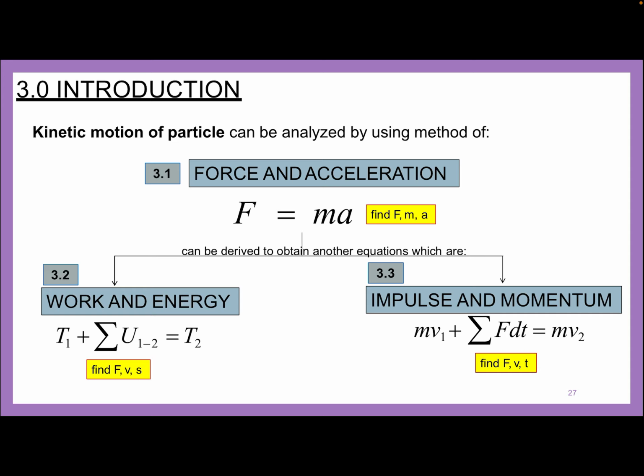Introduction: kinetics or motion of particle can be analyzed by using method of force and acceleration, F equal to ma, and it can be derived to obtain another equation, which are work and energy principle, and also impulse and momentum principle. From work and energy principle, we can find F, V, and S, and from impulse and momentum principle, we can find force, V, and T.